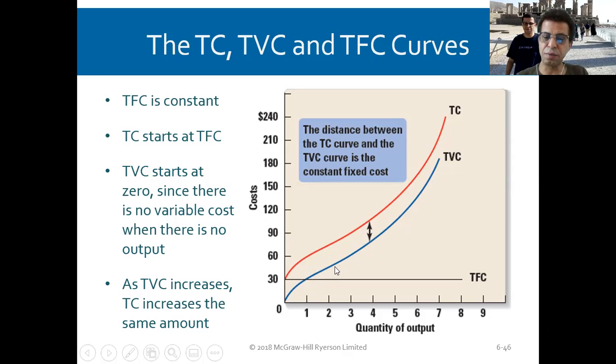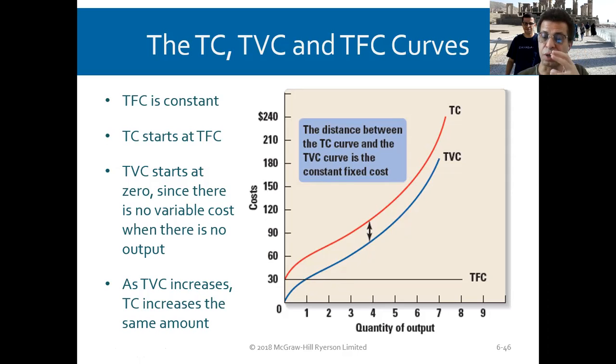You add this, but this area plus this area will give us what? A total cost. So the distance between the total cost curve and the total variable cost curve is the constant fixed cost.